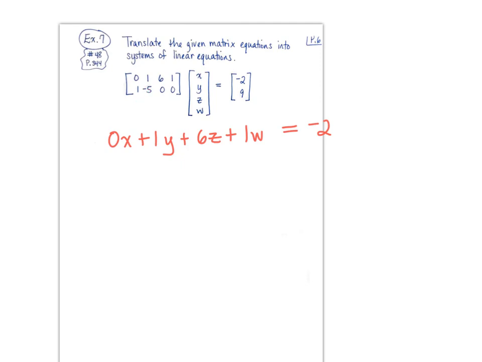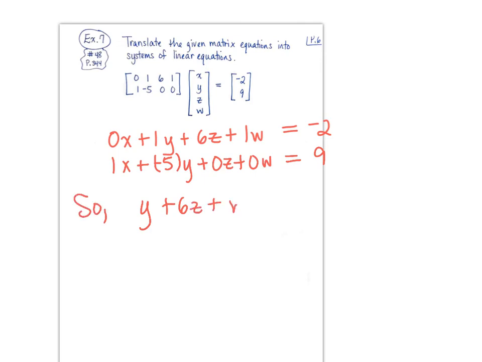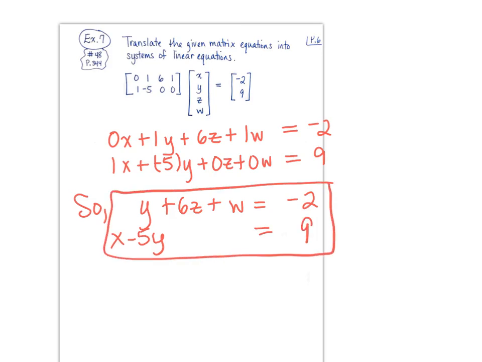Then we have 1 times x, plus -5 times y, plus 0z plus 0w, and that's equal to 9. So we have y plus 6z plus w is equal to -2, and x minus 5y is equal to 9. That is our system of linear equations.